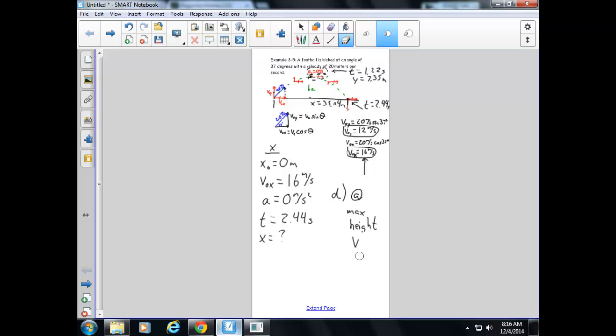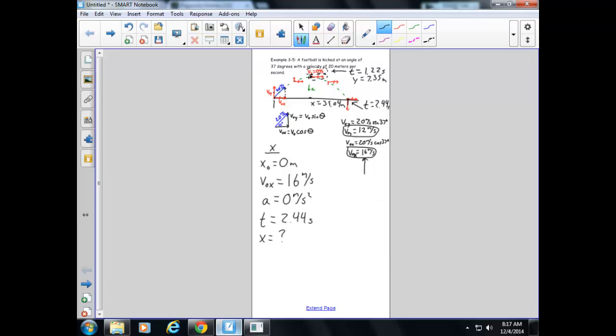It stops going upward, so there is no velocity in the y direction. That means that at the maximum height, the total velocity just equals the velocity in the x direction, which we know is a constant 16 meters per second. So in the x direction at the top of the flight, the total velocity of the football is 16 meters per second because there is no vertical velocity. It's all horizontal velocity. So part D.